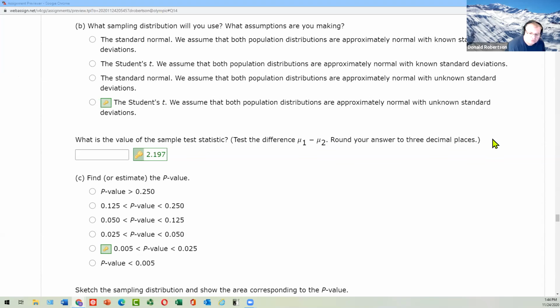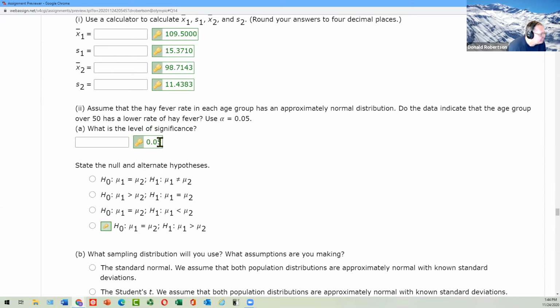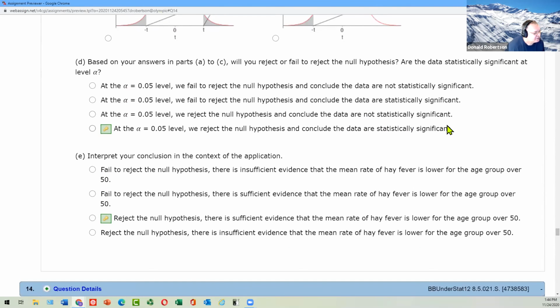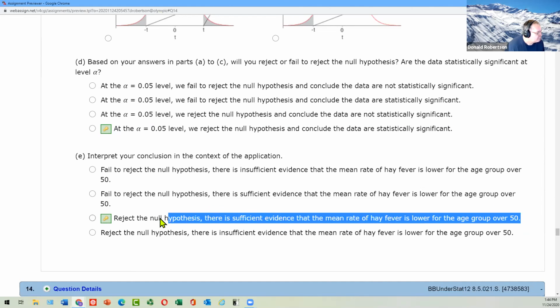The p-value is 0.018, which is in that range there, as you can see. Now, is 0.018 less than that? The answer is yes, it is. And when you get a yes, it's reject the null hypothesis, statistically significant. Reject the null hypothesis, there's sufficient evidence to prove whatever you were trying to prove. And that went scarily smoothly.